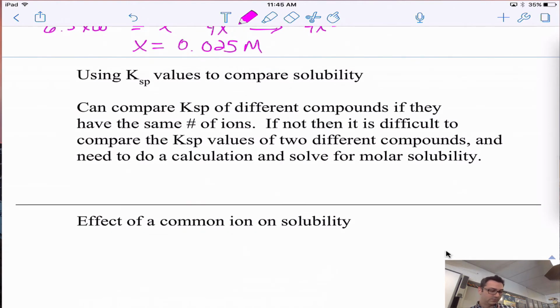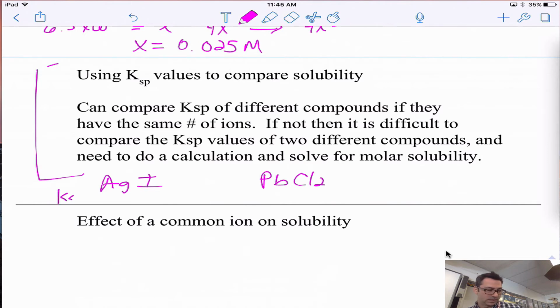Now, one last thing that I want to talk about is just the beginning of this slide here. I'm going to do common ion next time. But one thing I want to touch upon is that, if you want to compare two salts to each other, let's say AgI and let's say PbCl2. I don't know their Ksps, but just to make one up, just to compare them, this is 1 times 10 to the negative 10th. And this Ksp over here is like 1 times 10 to the negative 8th.